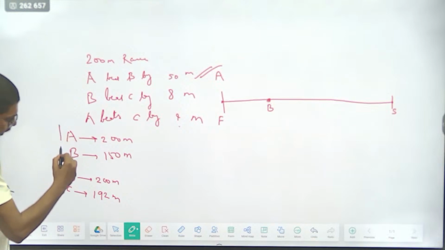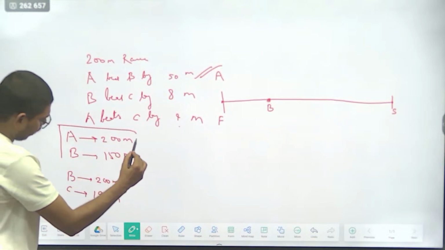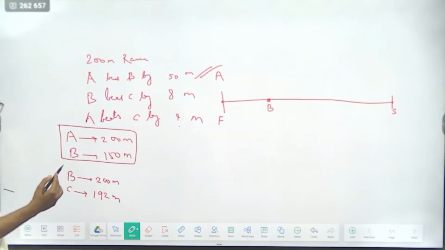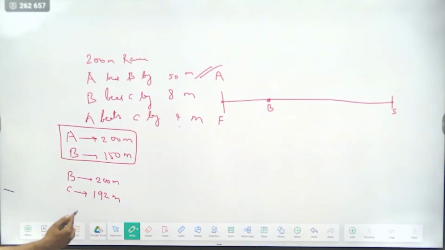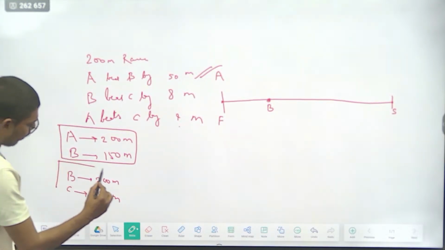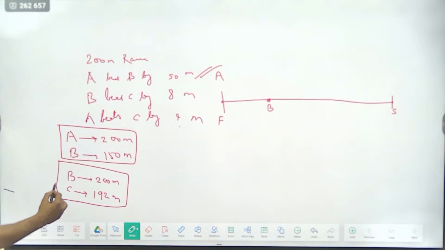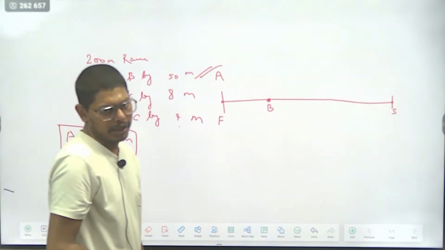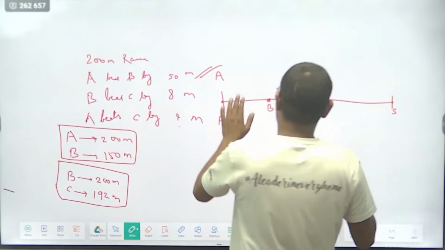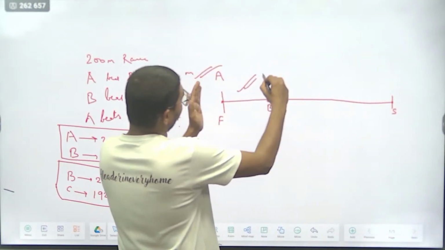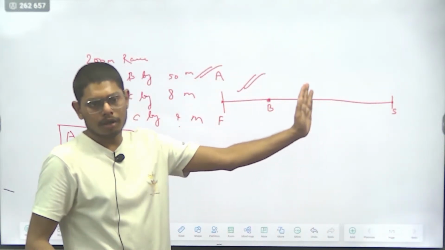When A travels 200 meters, B travels 150 meters, right? But when B travels 200 meters, C travels 192 meters, right? Look at here carefully. This is the scenario wherein only A and B are competing.